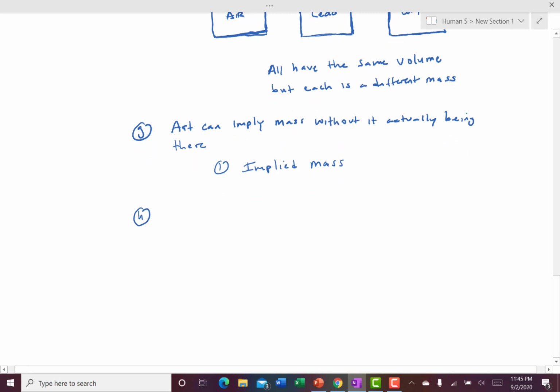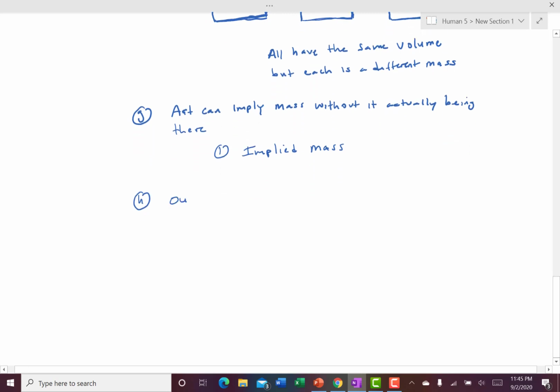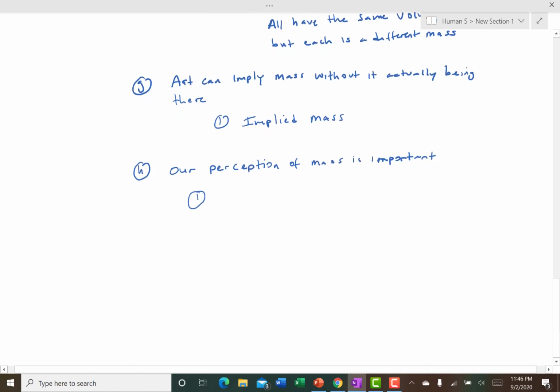The other thing important with mass is that our perception of mass is important. What this means is that it's based on how we perceive something as larger, as heavier, or the type of object or size, right?